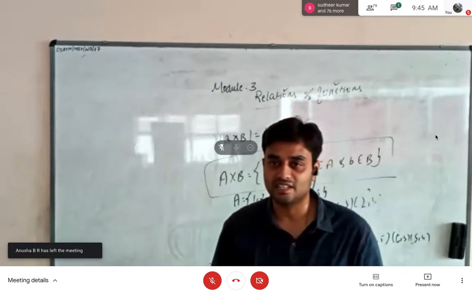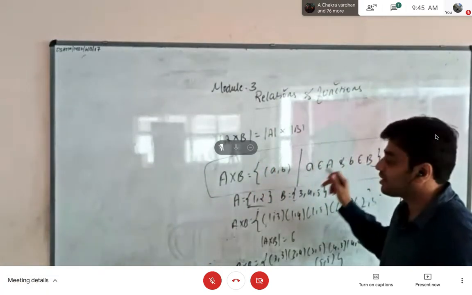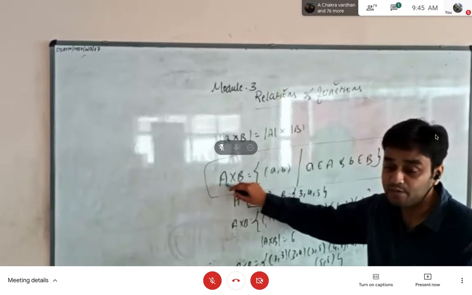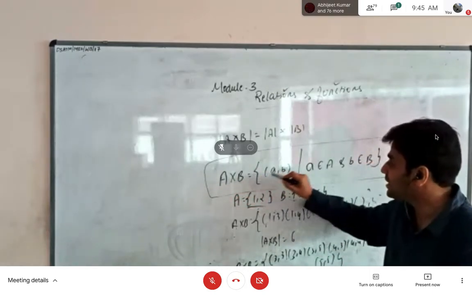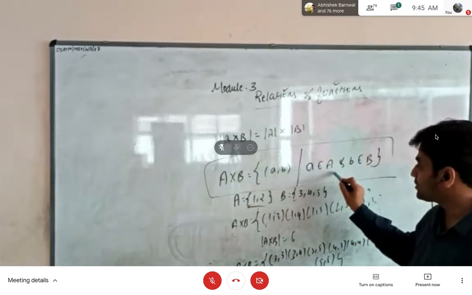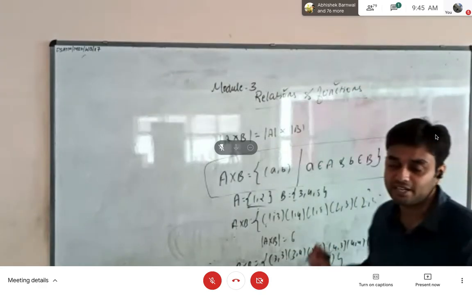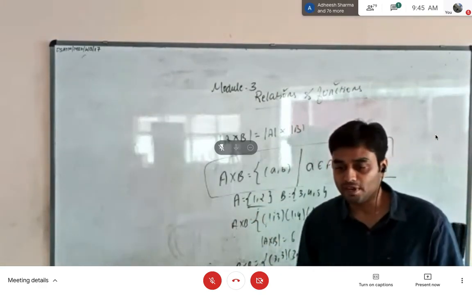You cannot write like that. You have to write the mathematical definition. If A and B are two sets, then their Cartesian product A cross B is the set of ordered pairs (a, b) such that a belongs to A as the first element and b belongs to B as the second element. That is the definition. Along with that, you have to give one example. If you do that, you will get full marks.